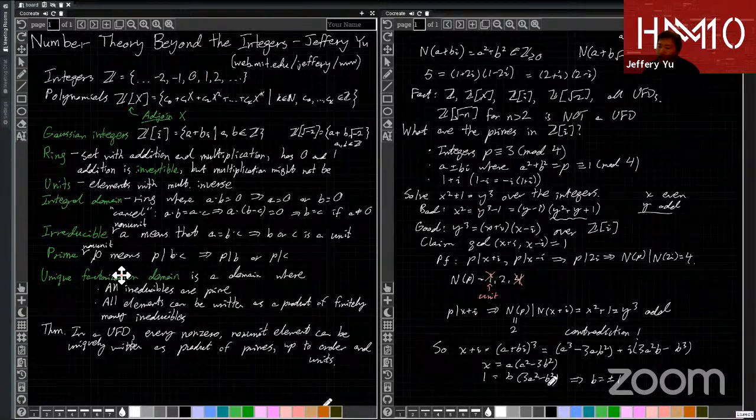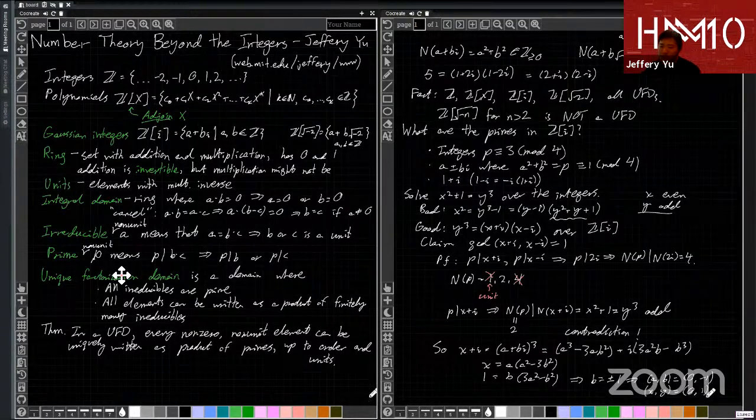If b is minus 1, then 3a squared minus 1 has to be negative 1, and there's a solution: a is 0. That means the only solution is a, b equals 0, minus 1. You can check that this satisfies the first equation. If you plug this in, this gives you x, y equals 0, 1.